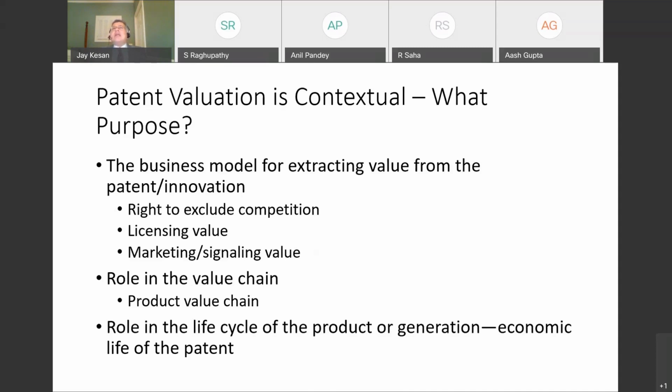I want to pick another example from the life sciences. Imagine that there is a bottle of sunflower oil being sold in the market. What people don't realize is that there's a complicated value chain there. You start with the people who are growing sunflowers, the seeds, and then the seeds are harvested.